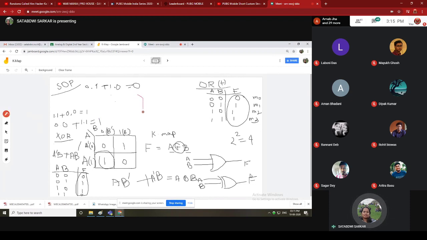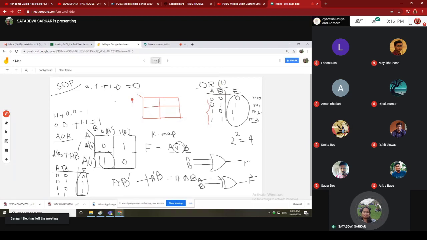See, this is the K map for two variables. Two variables can have a maximum of 4 outputs. See here, 0 0, 0 1, 1 0, 1 1. These 4 values are for these two variables.